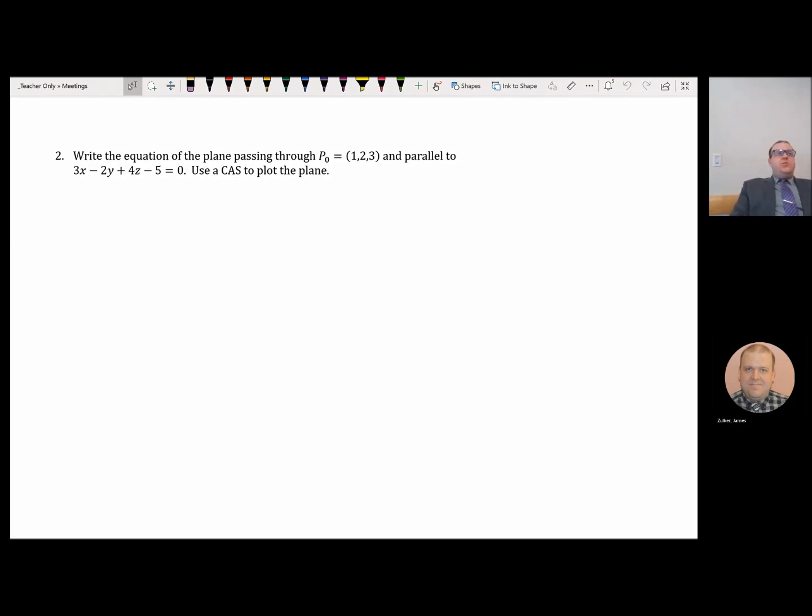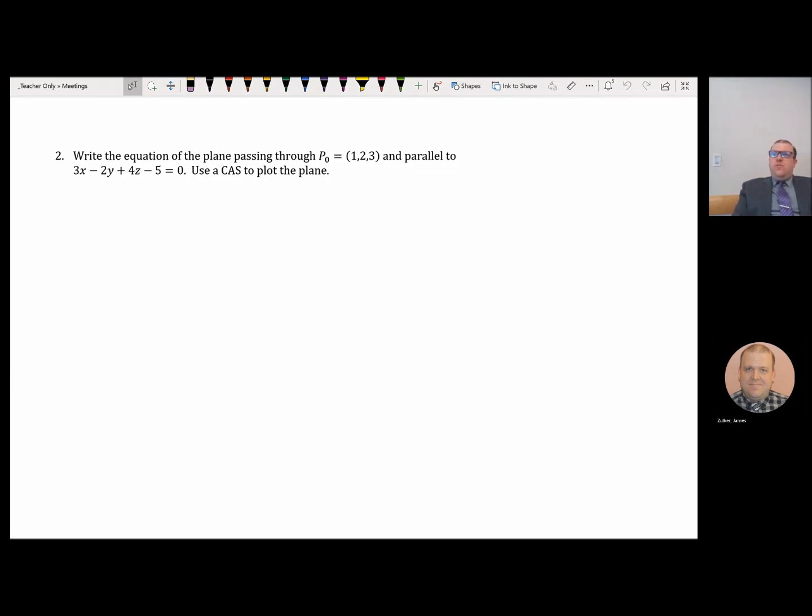Again, there's going to be two things you need to find the equation of a plane. First thing you need is any point that's in the plane. We have one. Second thing you need is a vector perpendicular to the plane.